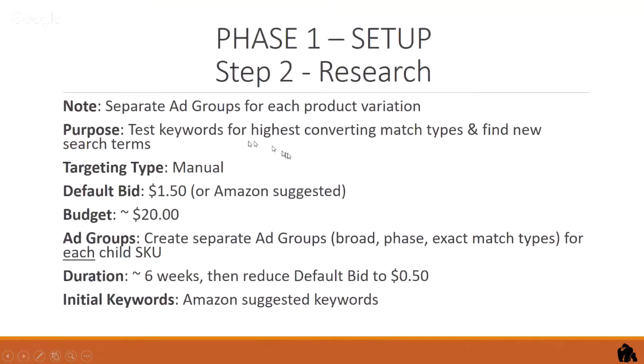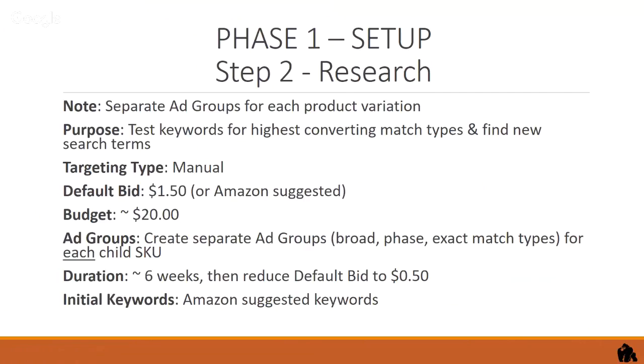Okay, so this is all about research. The research side of things is really all about trying to find the right keywords that are converting. So let me read through these setup notes for step 2. The note is: separate ad groups for each product variation, same as before.